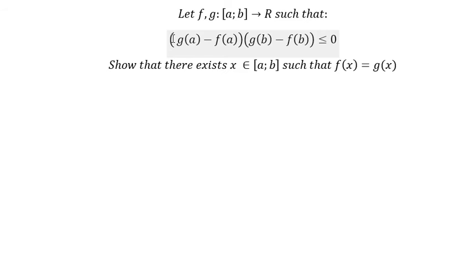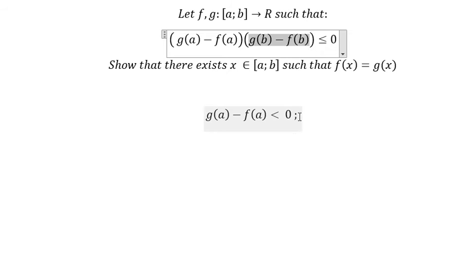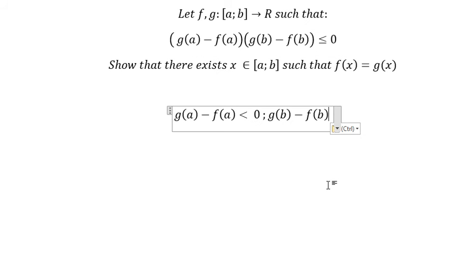The first thing we need to know is about this expression. We know that this one is smaller than or equal to 0. So in this situation, we have two factors. For example, if this one is smaller than 0, then this one should be greater than 0.